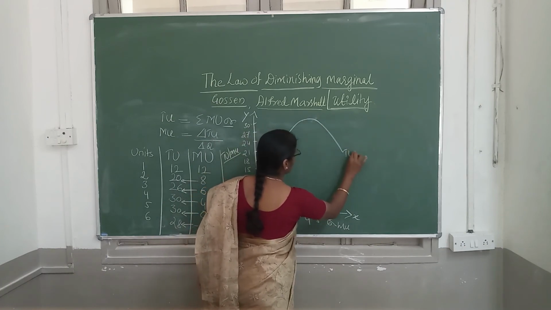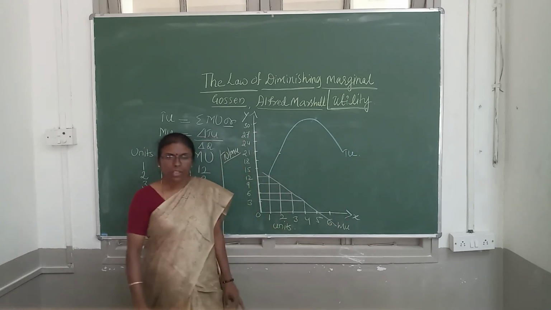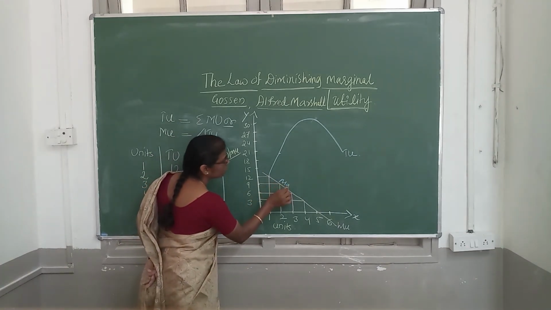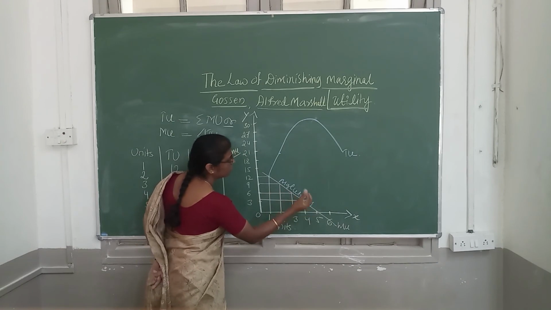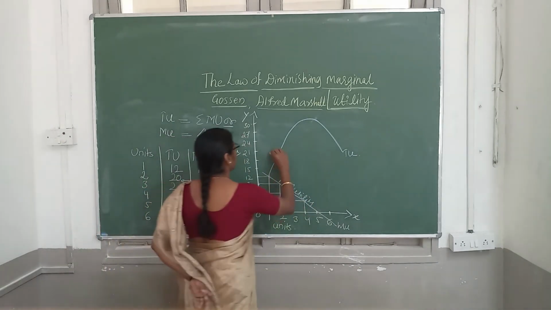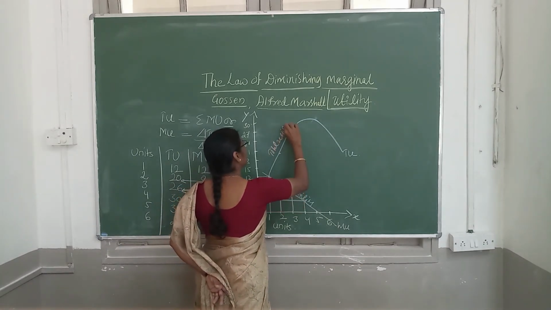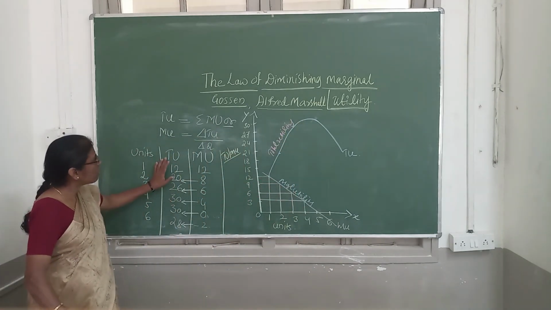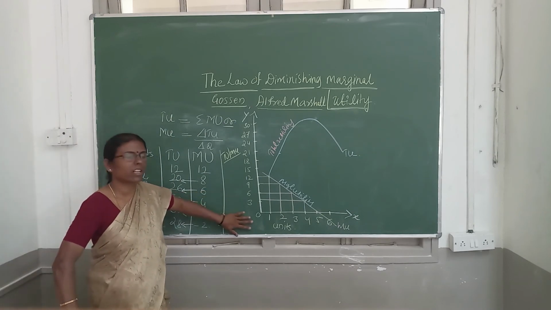This is the total utility curve. And this is the marginal utility curve. This is the total utility. So this is the numerical example, and this is the diagram.